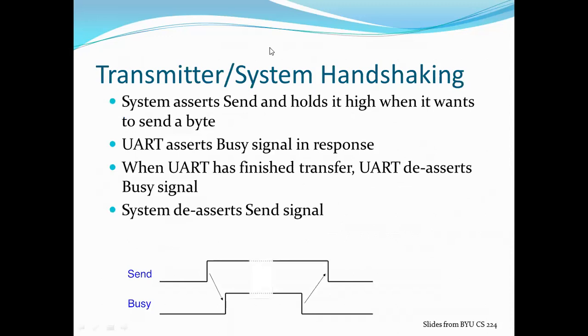Transmitter or system handshaking. The system asserts send and holds it high when it wants to send data or a byte. This is a three-way handshaking system. How does the system handshaking work? When the system wants to send data, it will send a start bit.